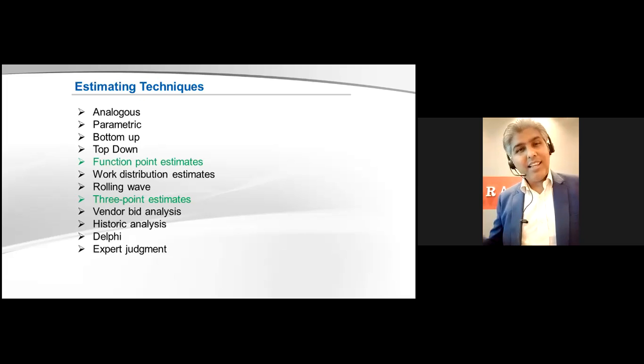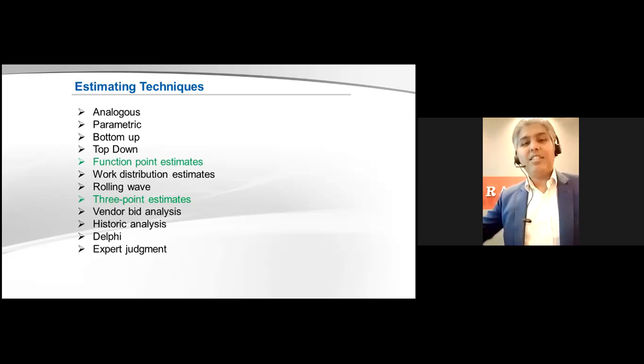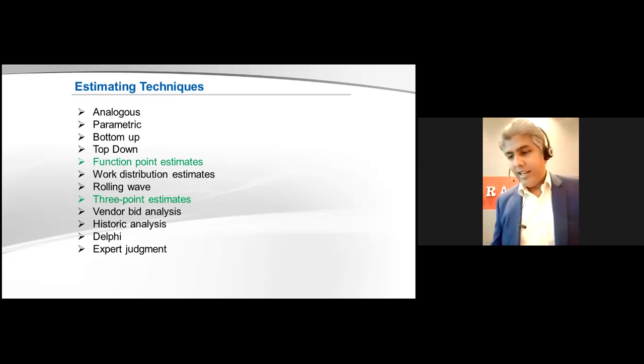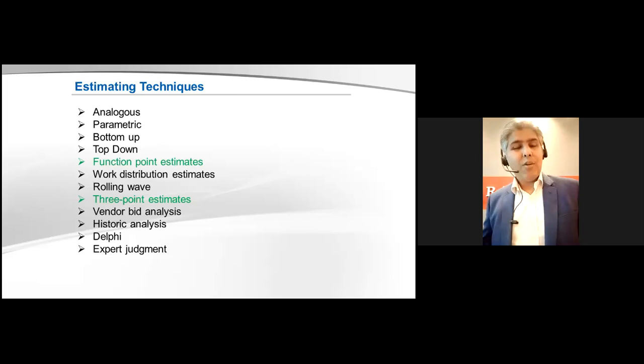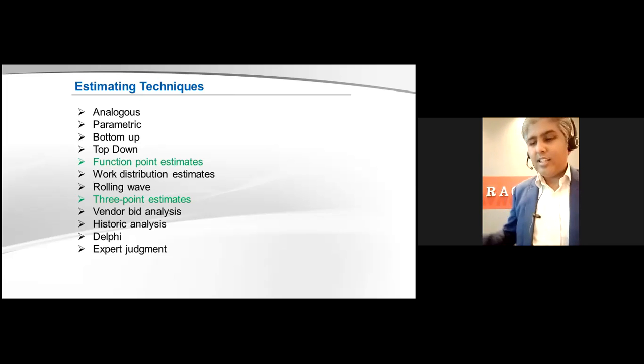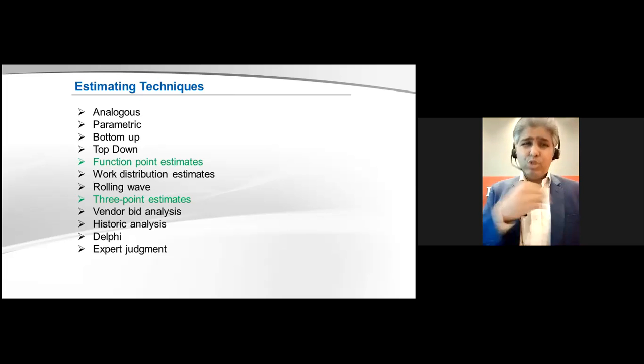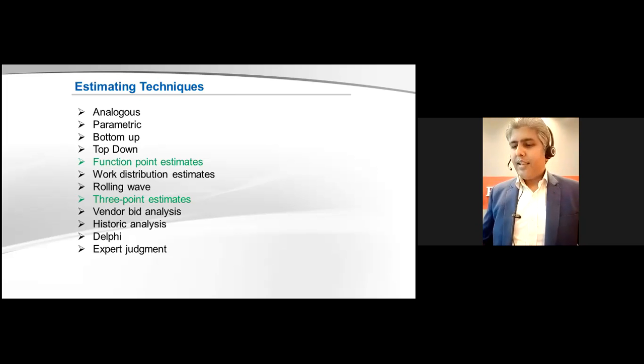Then you always estimate based on the function points: how many hard reports, how many complex, how many easy, how many medium-complexity reports, and the system calculates the estimation automatically. That makes sense. The same goes for business analysts; you can estimate your own timelines for business analysis based on this.